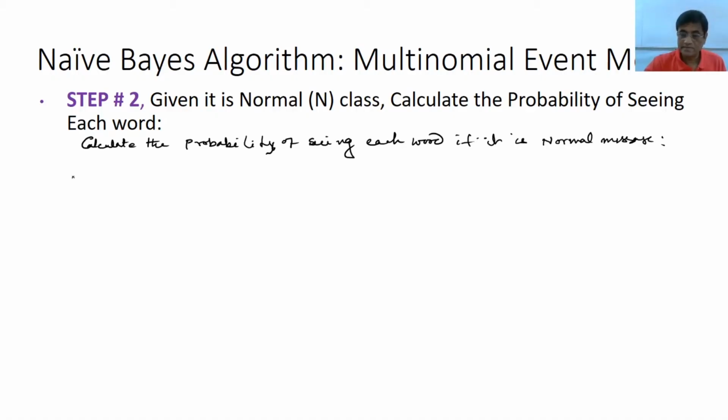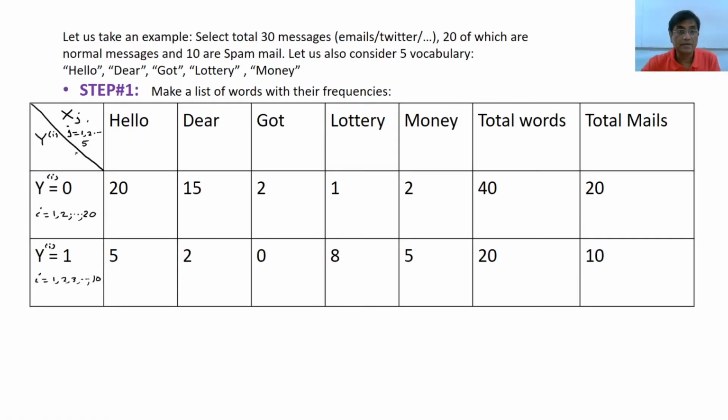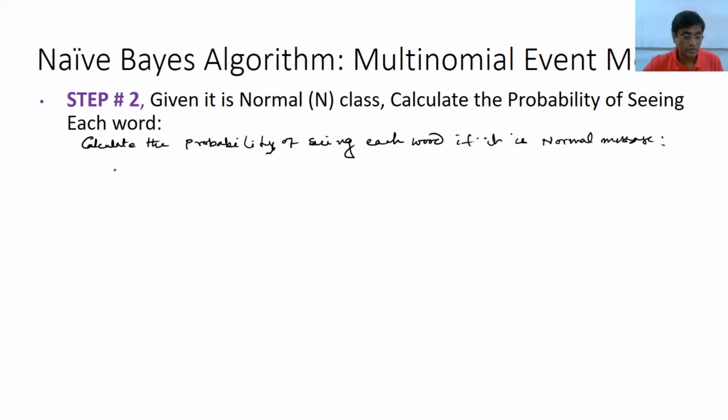So we have this: hello appears 20 times out of 40 total words. So what will be the probability of hello given y equals 0?